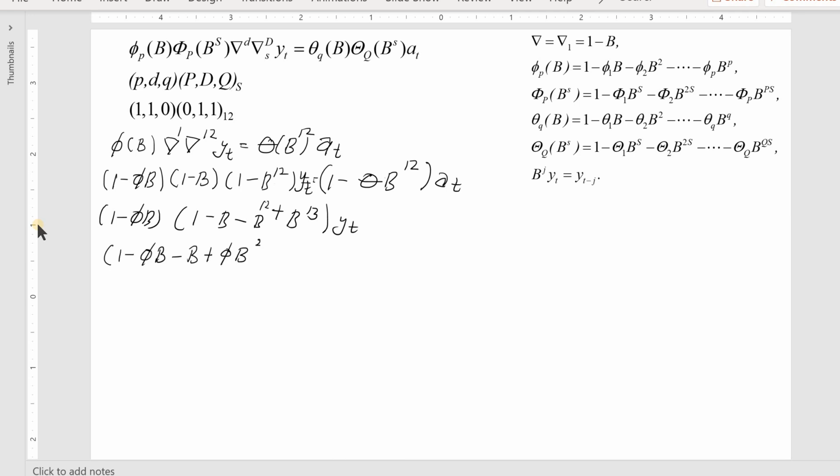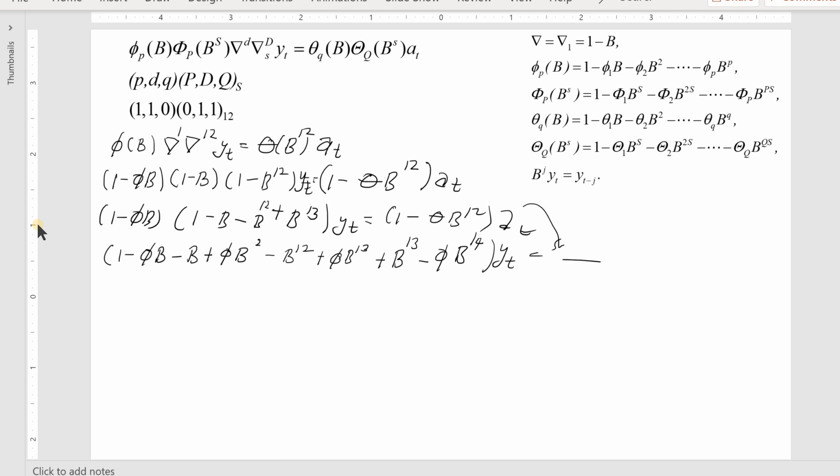B^12 plus B^13 plus B^13 minus B^14, and then multiply by YT. So this second term, okay, I leave it first. Then this is the same, and then we multiply all these terms with YT.